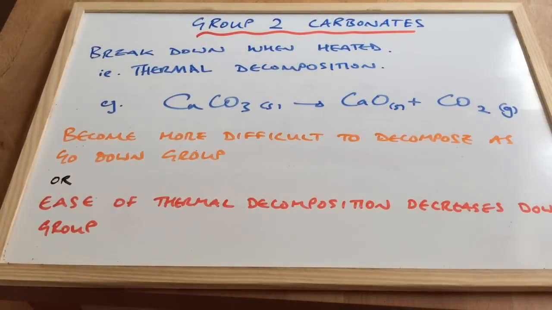Now there's a trend that we need to be aware of for this reaction, and that is that they become more difficult to decompose as you go down the group. So more and more heat is required to break them down. Another way you could say that is the ease of thermal decomposition decreases down the group.